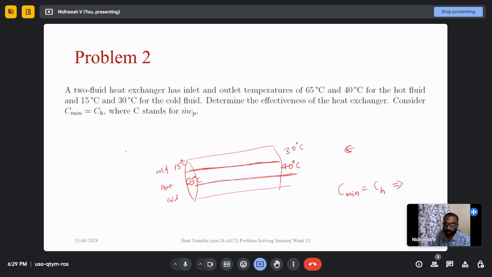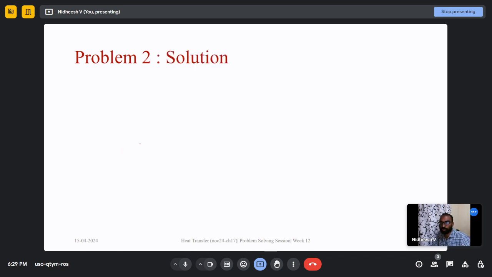We are given the hot fluid and cold fluid inlet and outlet temperatures, and we need to find the effectiveness. So what is the expression for effectiveness of a heat exchanger? Effectiveness can be defined as the ratio of the heat transfer rate of either the hot or cold fluid to the maximum possible heat transfer rate.